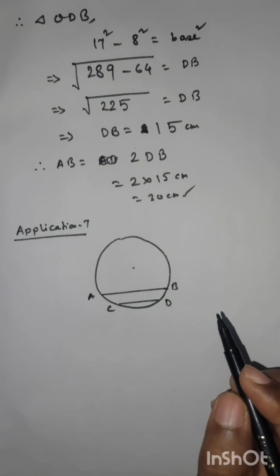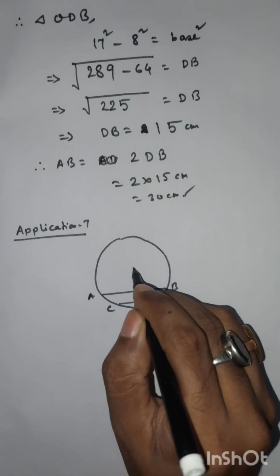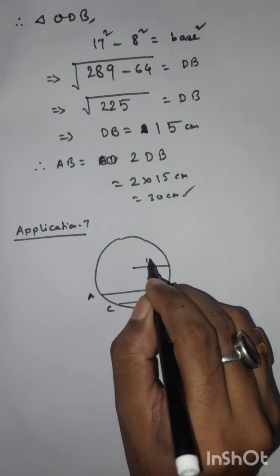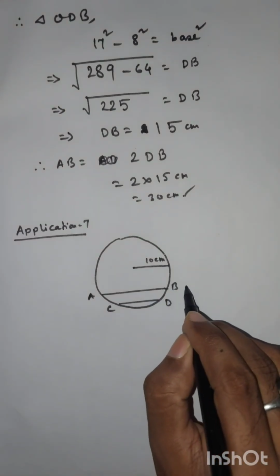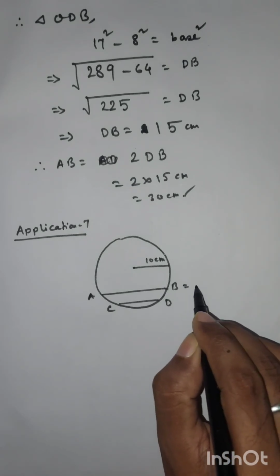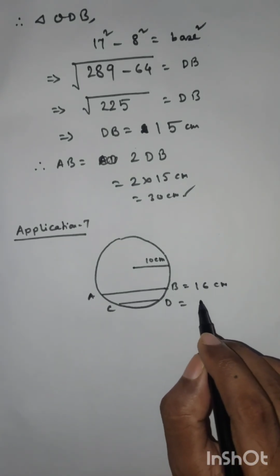The lengths of two parallel chords of a circle with the radius 10 centimeter. That means radius is 10 centimeter. Are 16 centimeter and 12 centimeter. So AB is 16 centimeter, and this is 12 centimeter.